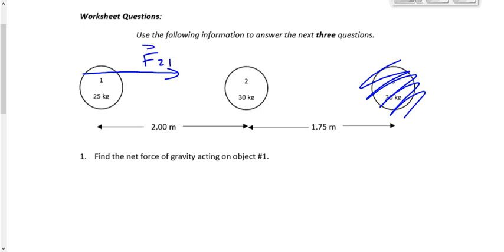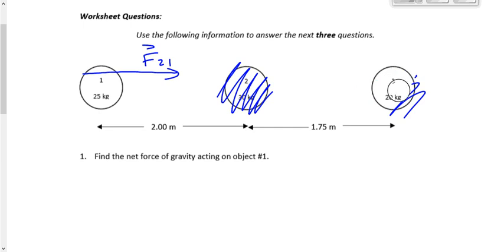Now, 2 is pulled towards number 1, right? By an equal and opposite force. But I don't really care about that because I'm not trying to find the force on number 2. I'm trying to find the force on number 1. So which way is the force of 2 on 1? It's to the right.